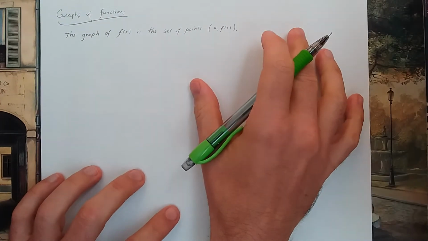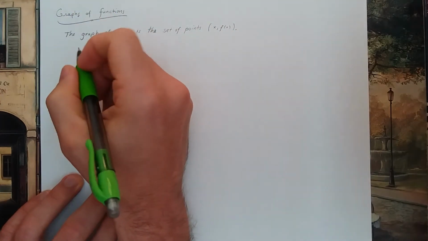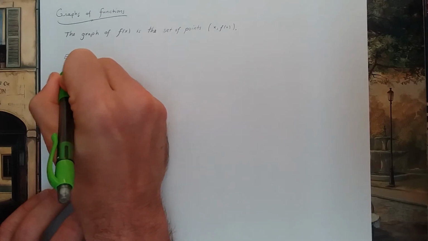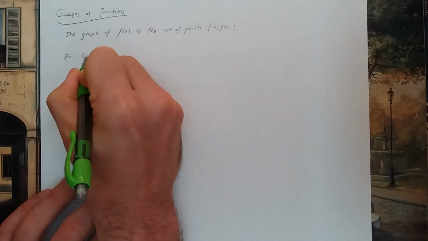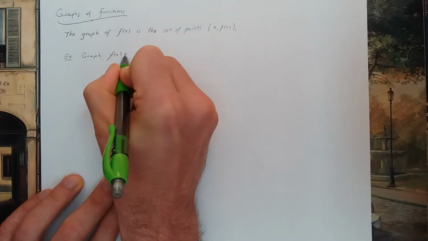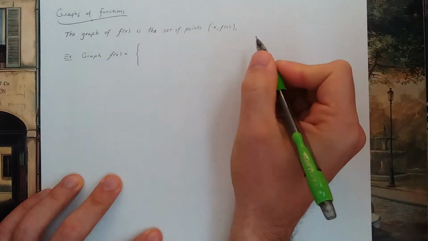You can define other functions and graph them by plotting points. So here is an example. Let's graph the function f of x. Let's do a piecewise defined function.